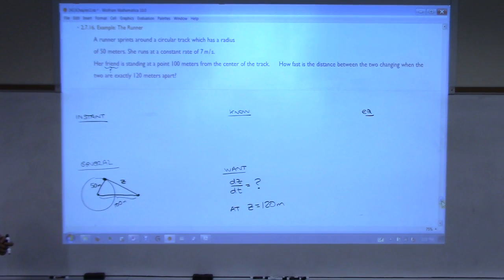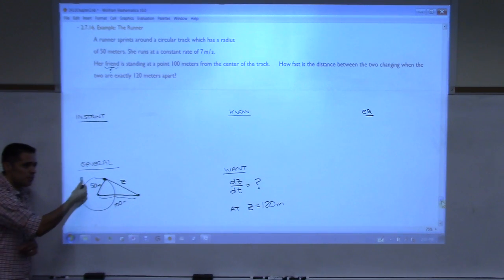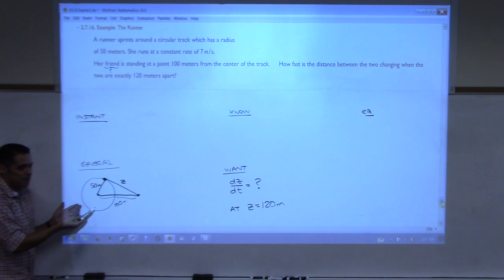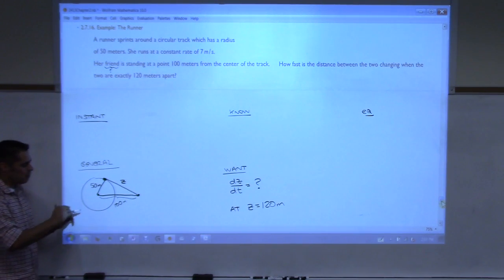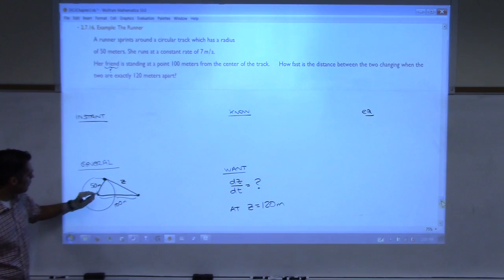Would it be theta? How do you mean? Because she's changing the angle from the horizontal. Yeah, that's exactly right, good. As she moves around, I know how fast she's going around the track, right? But in terms of my picture, the only way to relate her speed around the track is if I convert it to correspond to that angle.